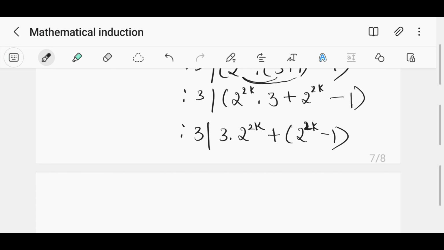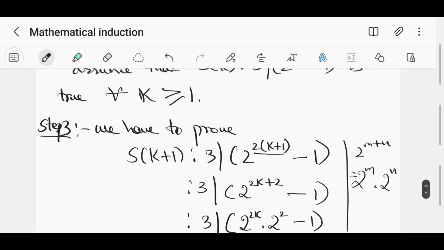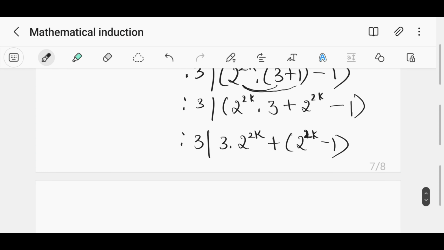Two terms I have here. Fine. Now from step 2, that is from your assumption, what do you have? 3 divides 2 to the power 2k minus 1. So that term you have here.